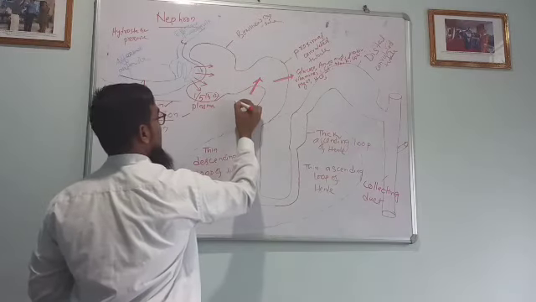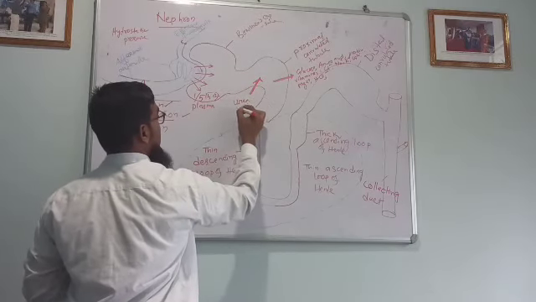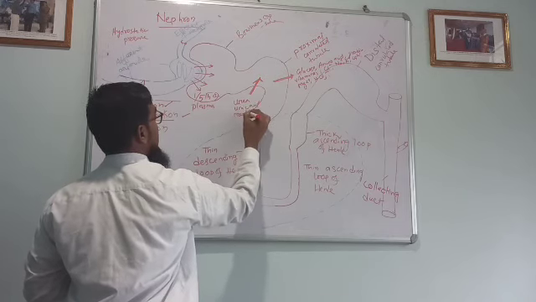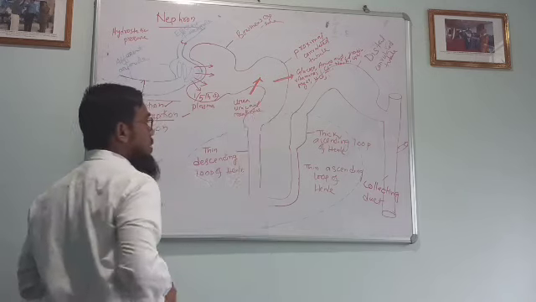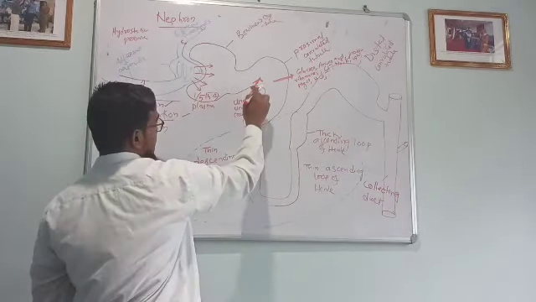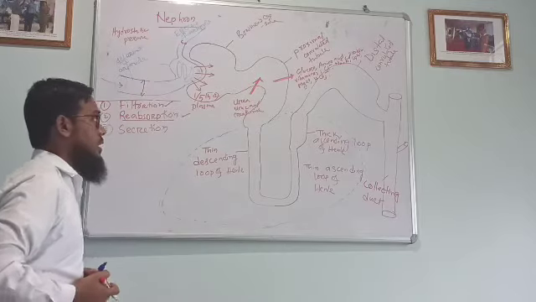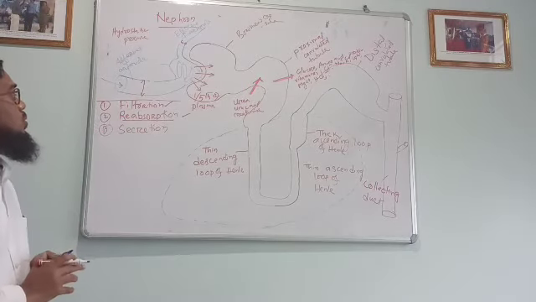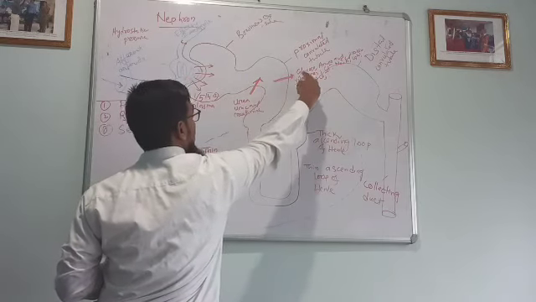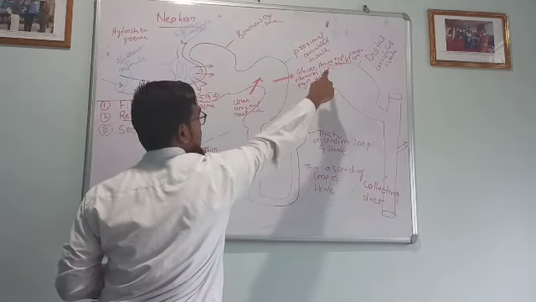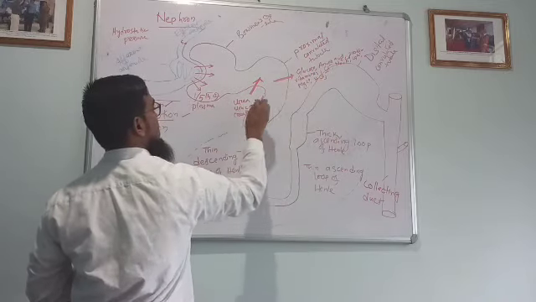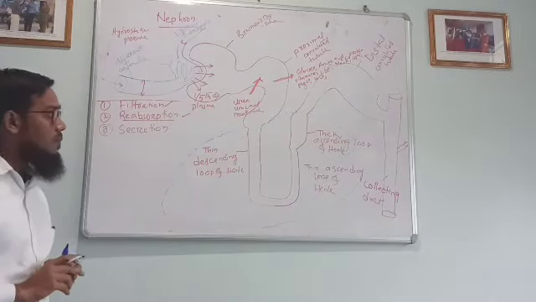In this secretion, mainly urea, uric acid, and creatinine are secreted into the proximal convoluted tubule. So these two functions: reabsorption of glucose, most of the organic compounds, and sodium, chloride, potassium, and secretion of urea, uric acid and creatinine.